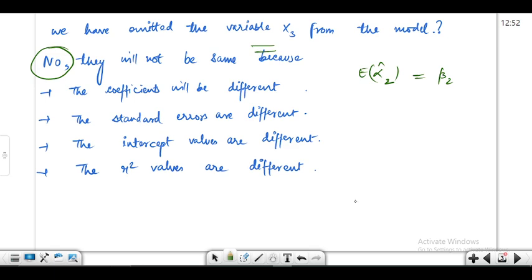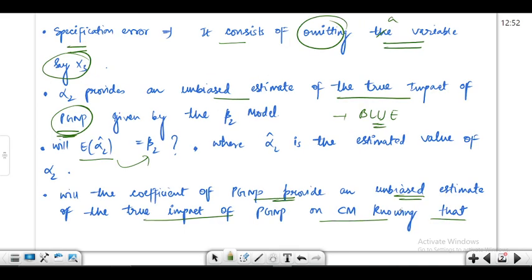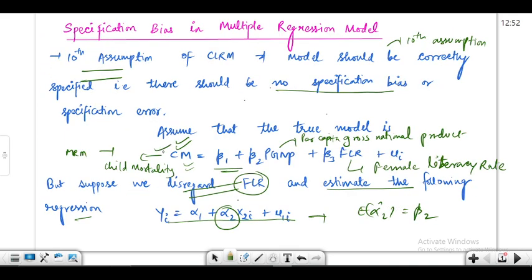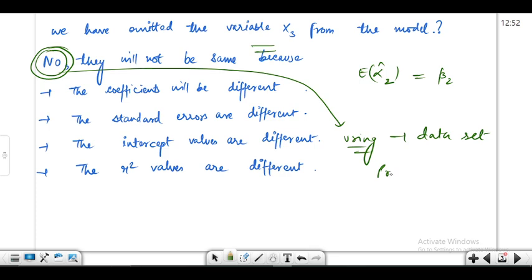This answer is basically received using data. If you have a data set and you take both of these models and use the same data set to regress child mortality on PGNP and the other variables, you'll find that the coefficients will be different in both regression models.